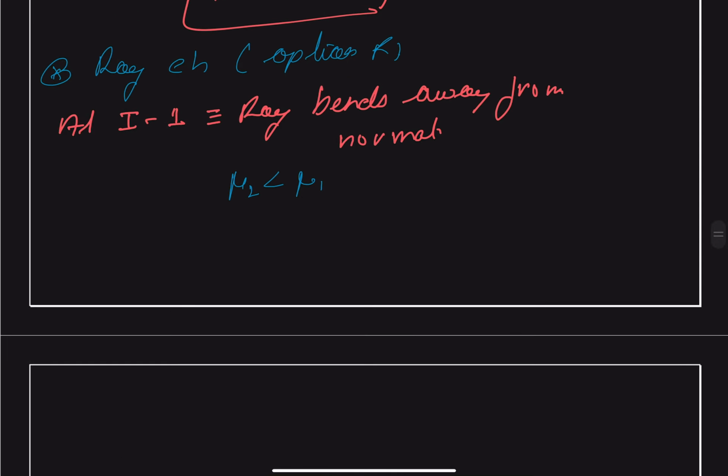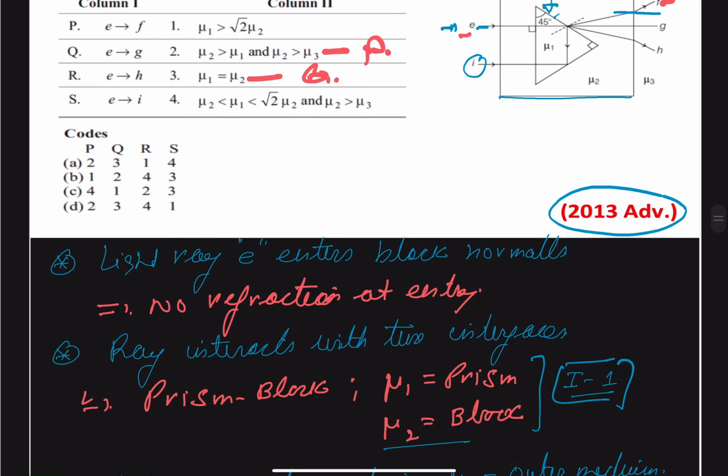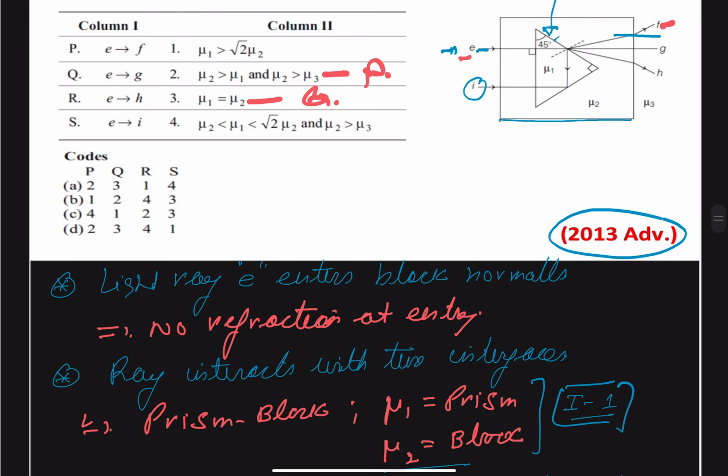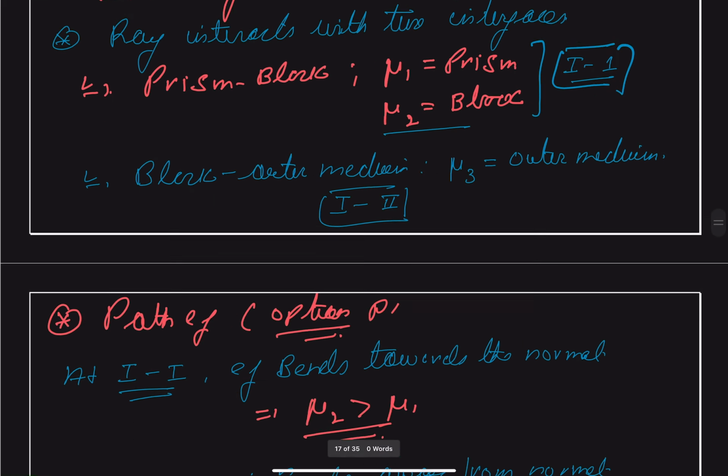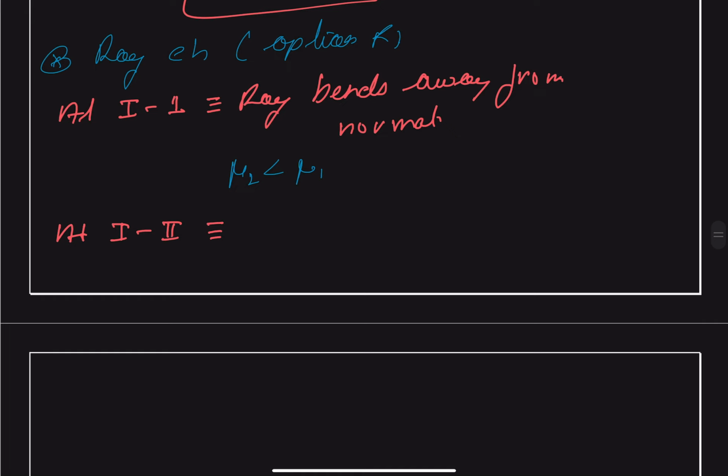And then we come to interface 2, and at interface 2 this also bends away from the normal. So the ray bends away from the normal.